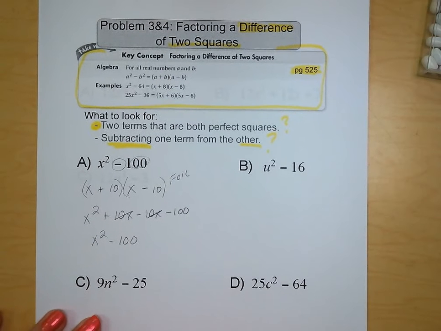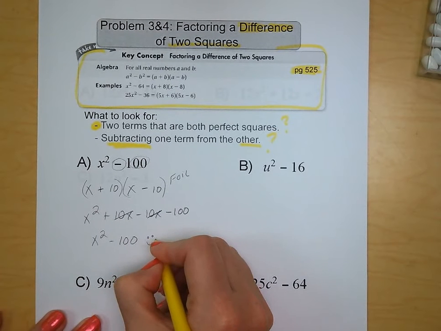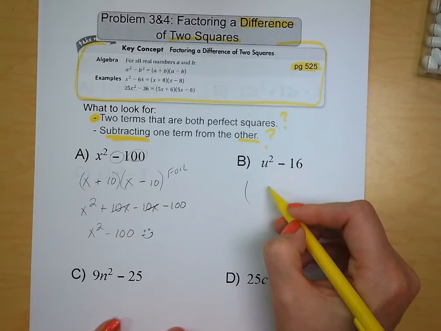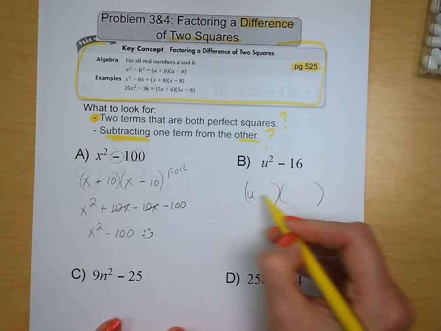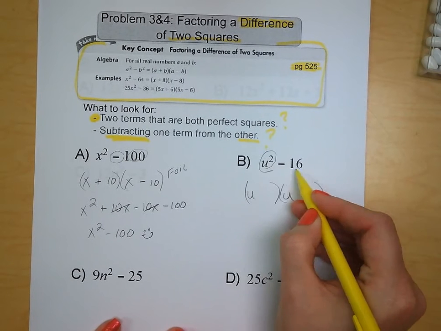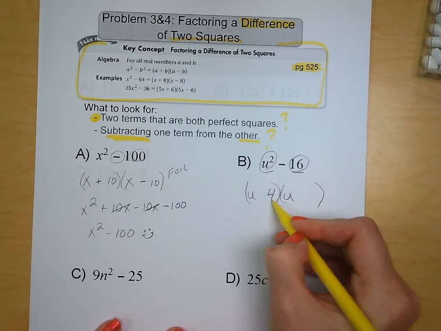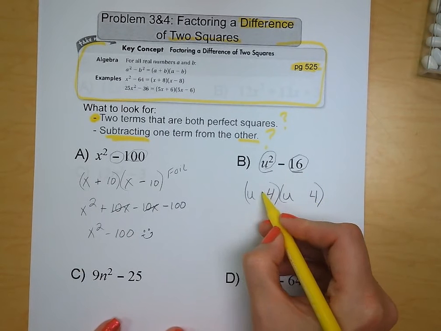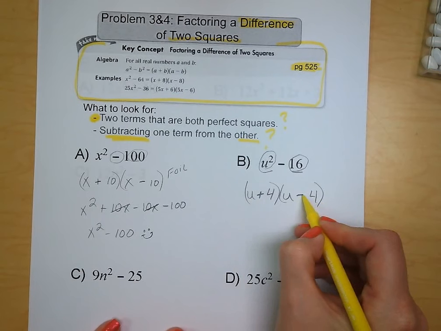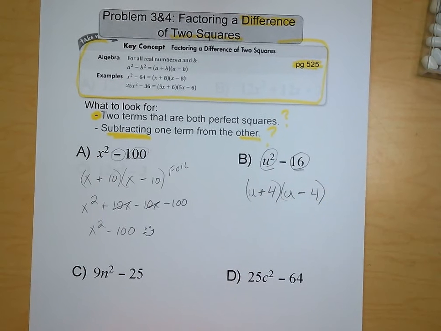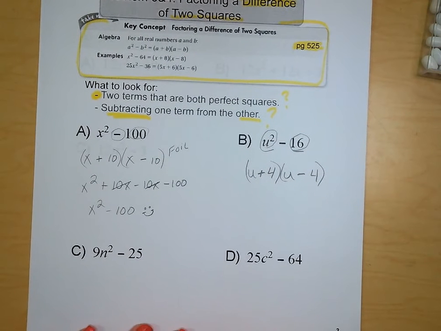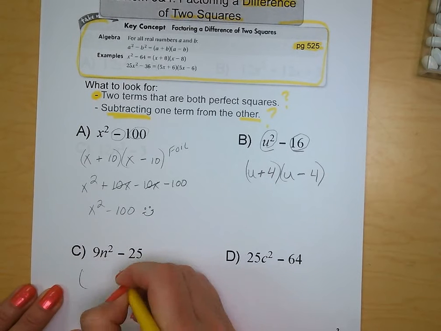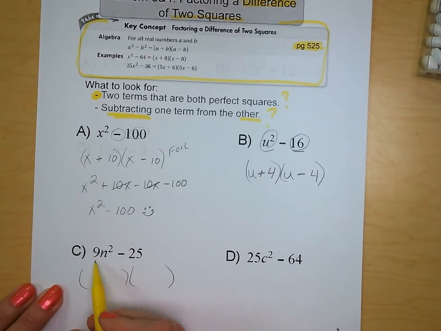All right, letter B, we've got u squared minus 16. Our first term is just going to be a u, and the square root of 16 is 4. And we are adding one and subtracting the other. No way to get these wrong. Letter C, 9n squared minus 25. The square root of 9n squared is 3n.